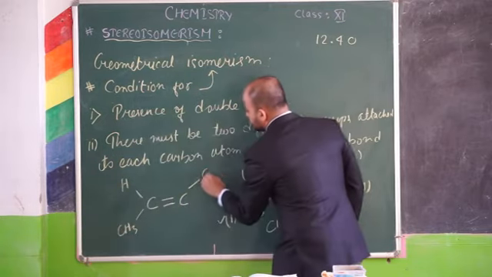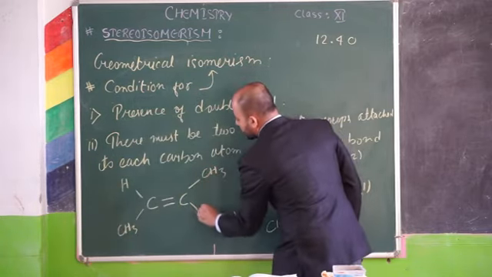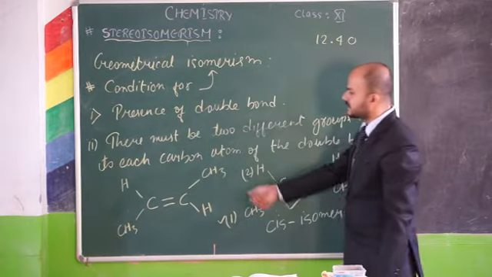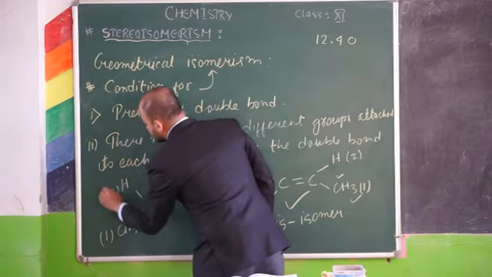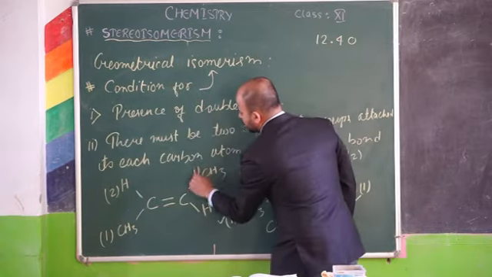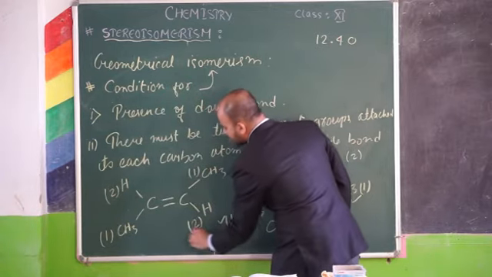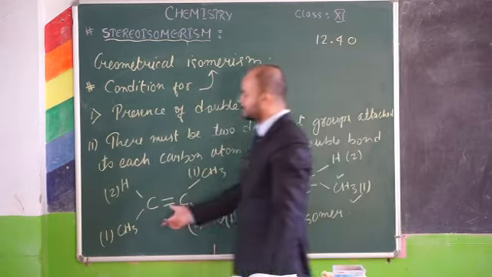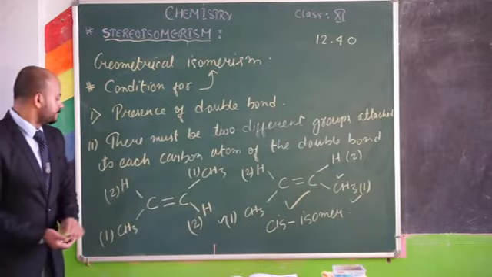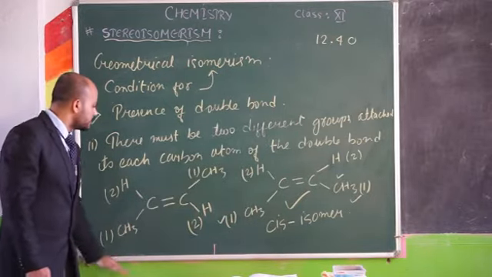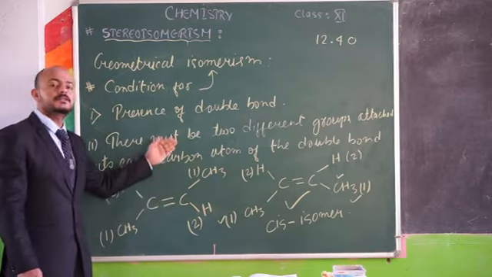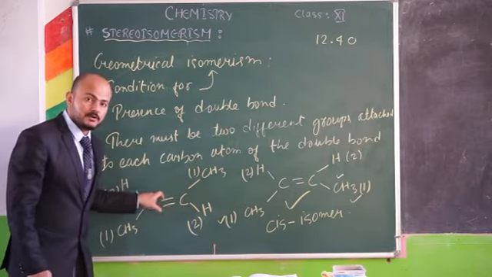Now here you have CH3 and here you have hydrogen. Now in this case, this is more priority group 1, this is 2, and in this case, this is more priority group, then comes 2. Now in this compound, you can see the more priority groups are not lying on the same side. One is lying below, the other one is lying on the other side of this double bond.